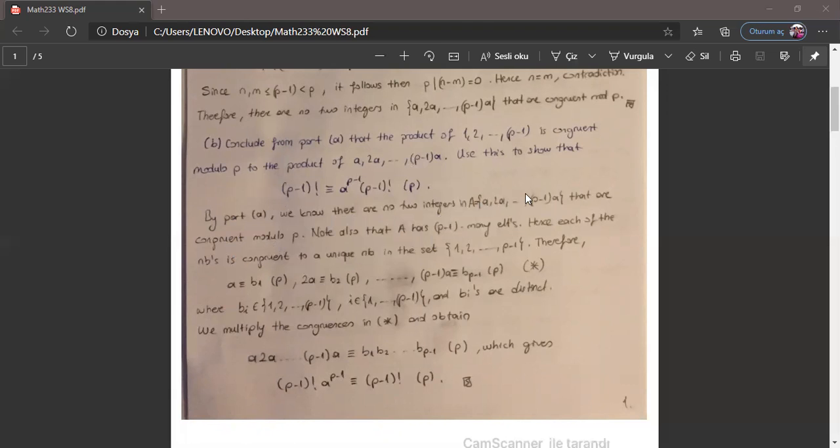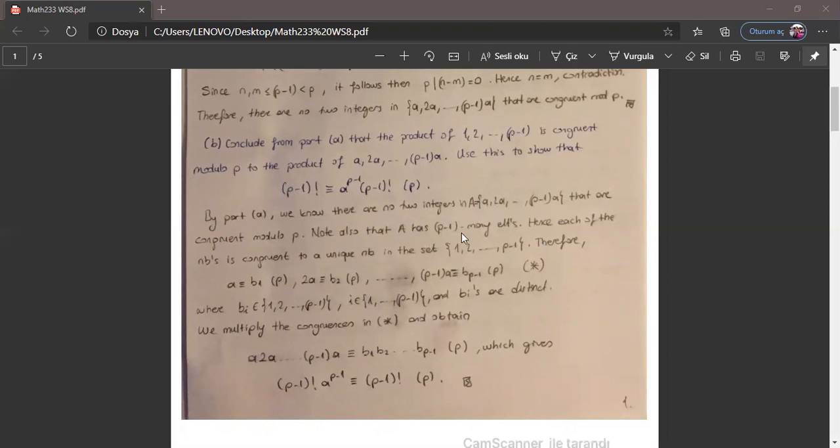Now, as we have p minus 1 many elements so that no two of them are congruent, then they should be congruent to these numbers, as they should be congruent modulo p.